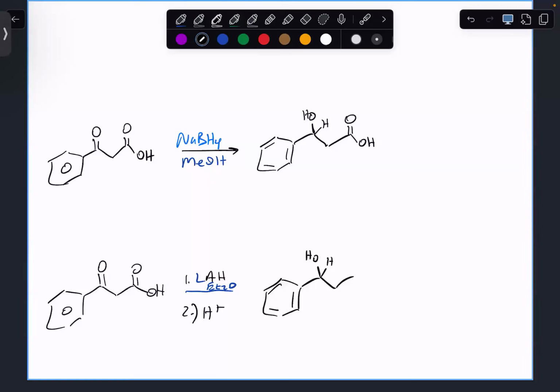The difference is LAH is such a strong reducing agent, it will also reduce the carboxylic acid. And that carboxylic acid gets reduced to the corresponding primary alcohol. Any questions on this one?